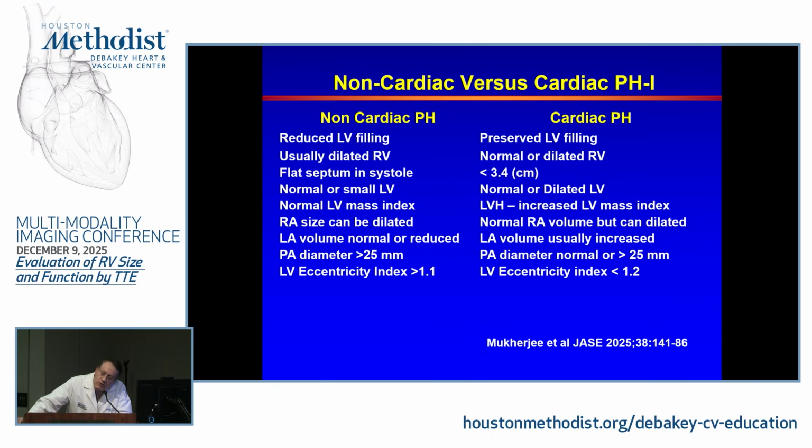So there may be situations where we cannot make that distinction reliably by echo, and in all cases where we are saying this is a significant degree of pulmonary hypertension, it is not unreasonable to proceed to right heart cath to look at the mean PA pressure, the pulmonary capillary wedge pressure gradient, as well as the pulmonary vascular resistance.